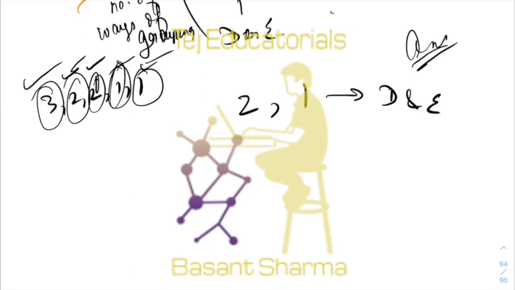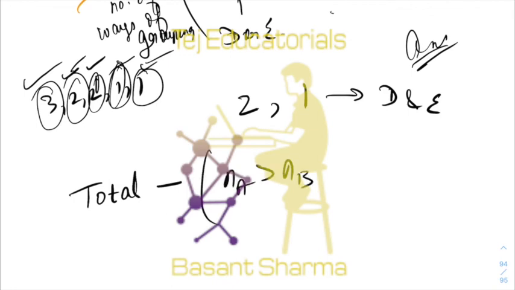So if I ask you to find the number of ways in which A and B get equal number of objects, that will be total minus NA greater than NB minus NB greater than NA.